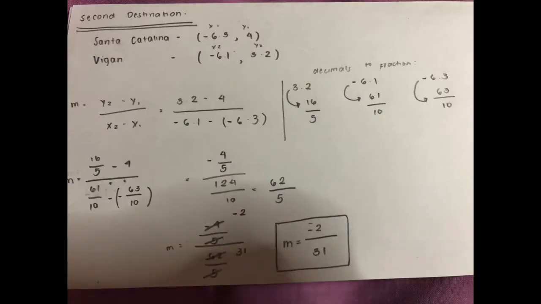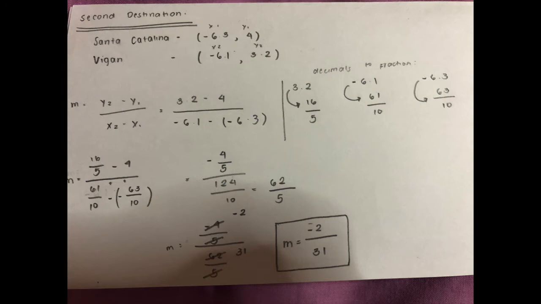In our second destination, we have to use the formula of slope again. We have 3.2 minus 4 over -6.1 minus -6.3. On the right side of the paper, we have converted the decimals into fraction form. Now we have 16 over 5 minus 4 over -61 over 10 minus -63 over 10.